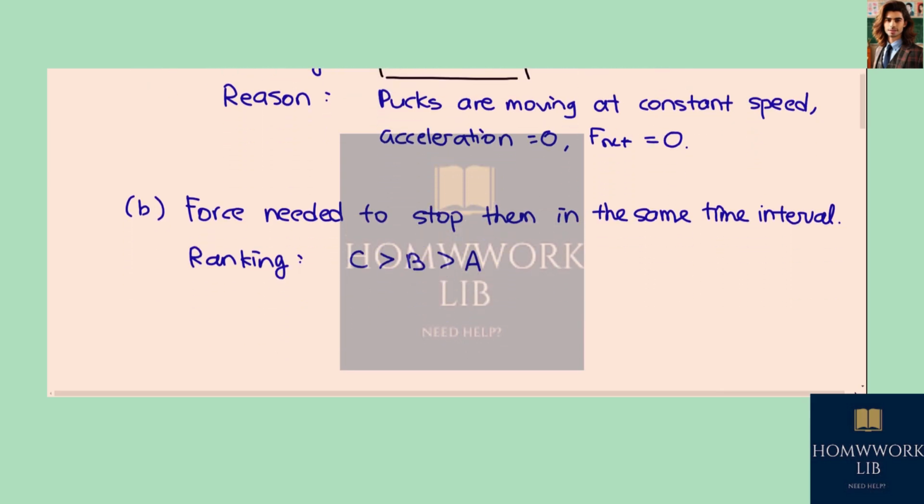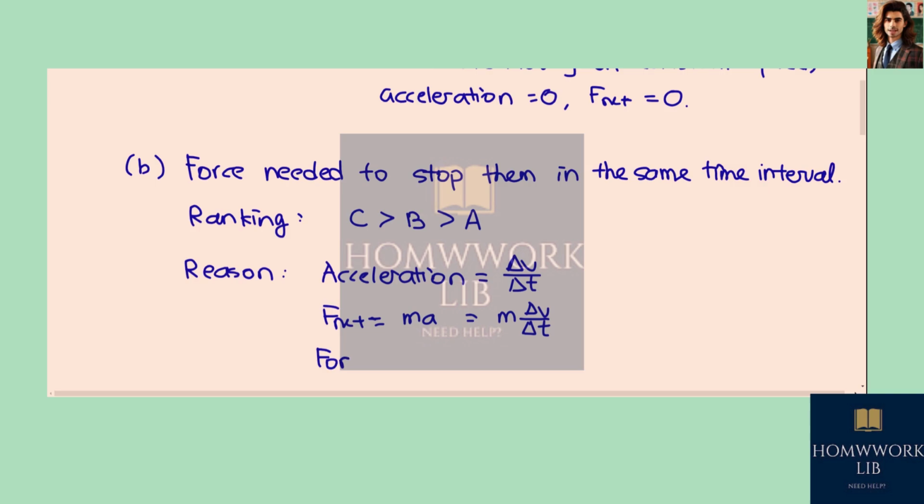So, reason: we can calculate acceleration by using delta V over delta T, and then our net force is equal to ma, which is m delta V over delta T. And for the same delta T, delta Vc is greater than delta Vb is greater than delta Va, because puck C initially moves at 6 meters per second, and B at 4 meters per second, A at 2 meters per second.